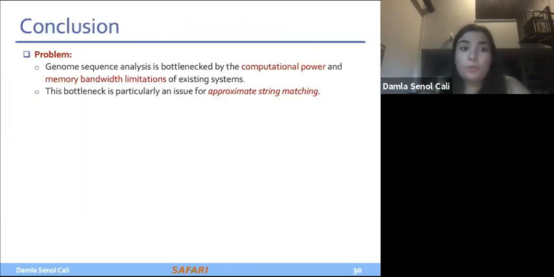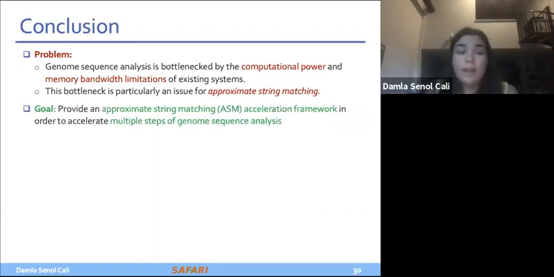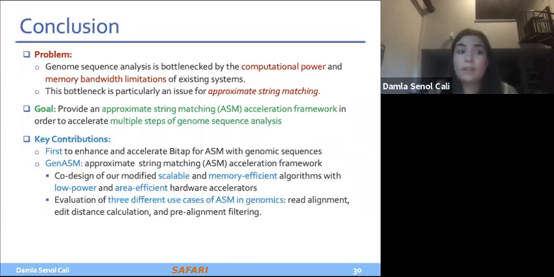So in this work, we tackle the problem of approximate string matching, because it is one of the key bottlenecks in genome sequence analysis. Our goal is to provide an ASM acceleration framework in order to accelerate multiple steps of genome sequence analysis. Our key contributions: we present the first work to enhance and accelerate the Bitap algorithm for ASM with genomic sequences.